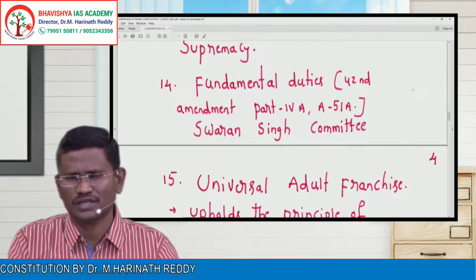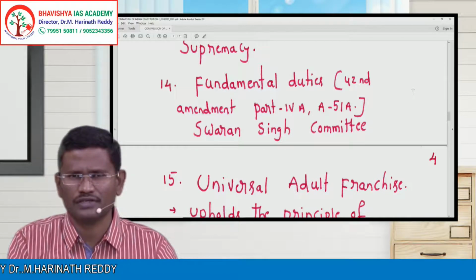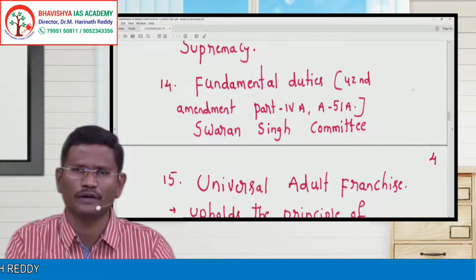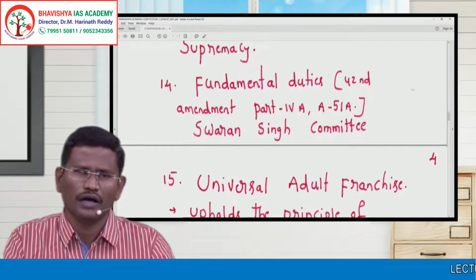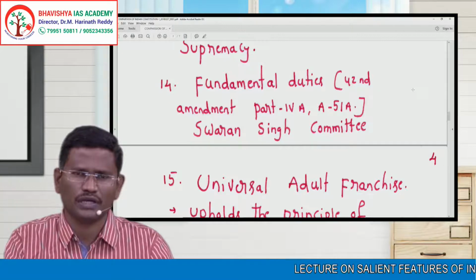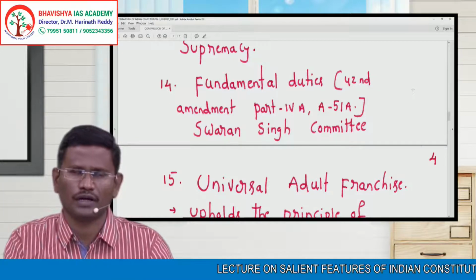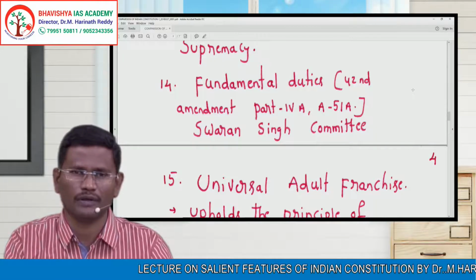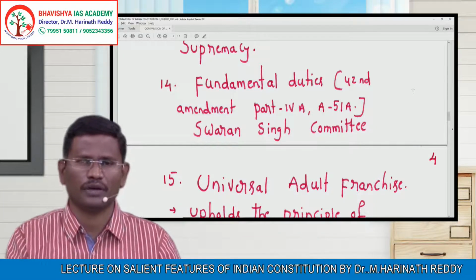This 42nd Amendment inserted fundamental duties under Part 4A, under Article 51A.